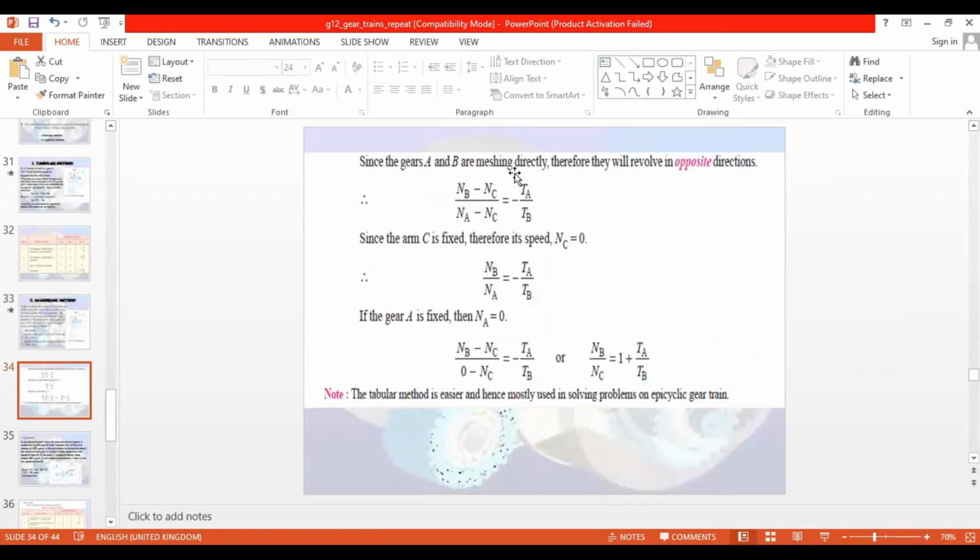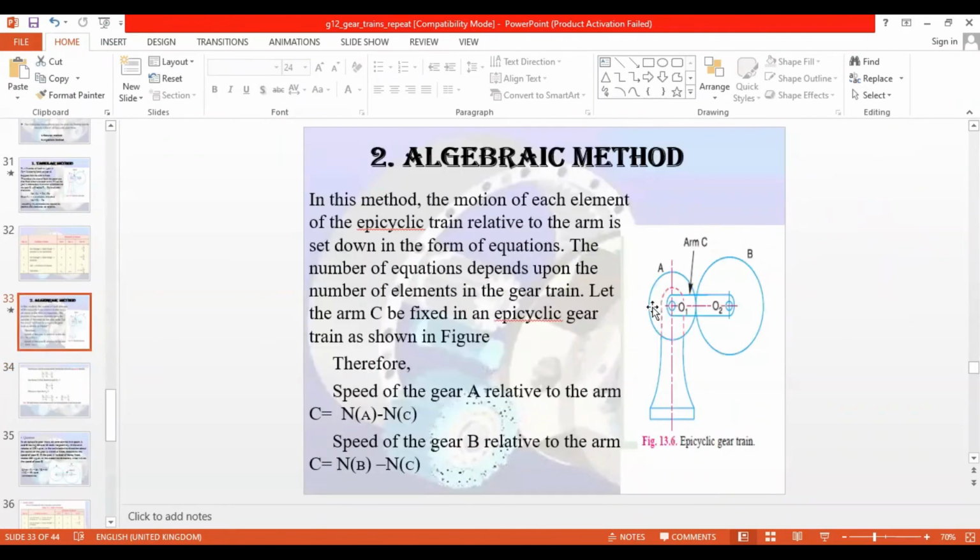Since gears A and B are meshing directly, therefore they will revolve in opposite directions, right? So you see here, they are meshing directly. If A rotates this way, anti-clockwise, B will rotate clockwise. That is obvious.